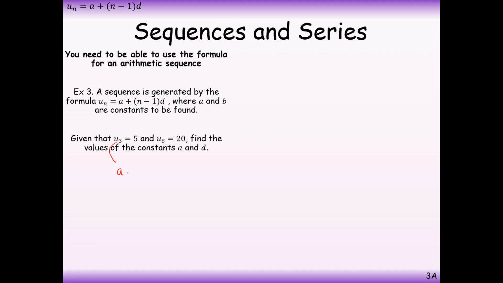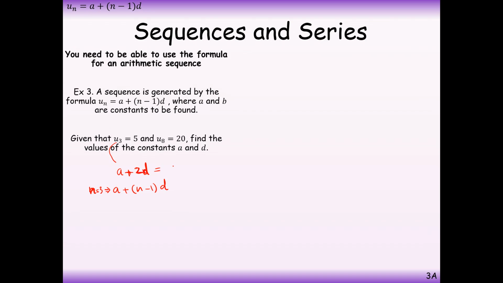It would be a plus 2d. Sorry, my bad, 2d. Why would it be 2d? Because we have a plus n minus 1 d, and n here is 3. So when n is 3, substituting that here would give us a plus 2d.